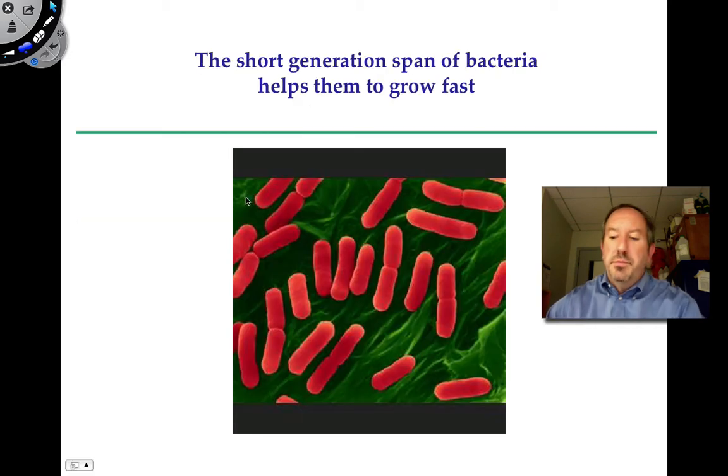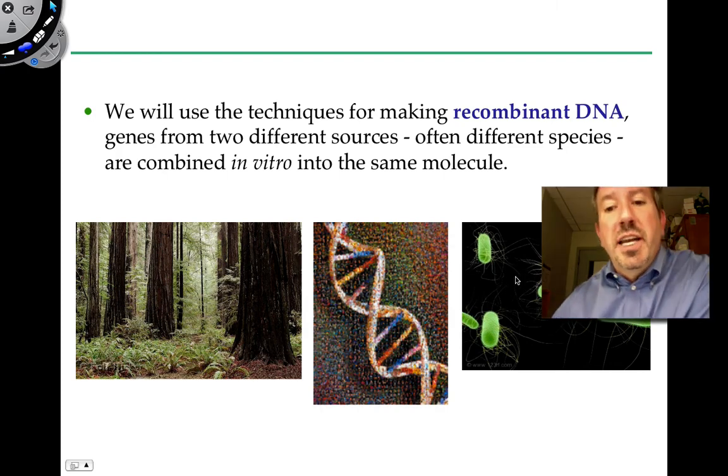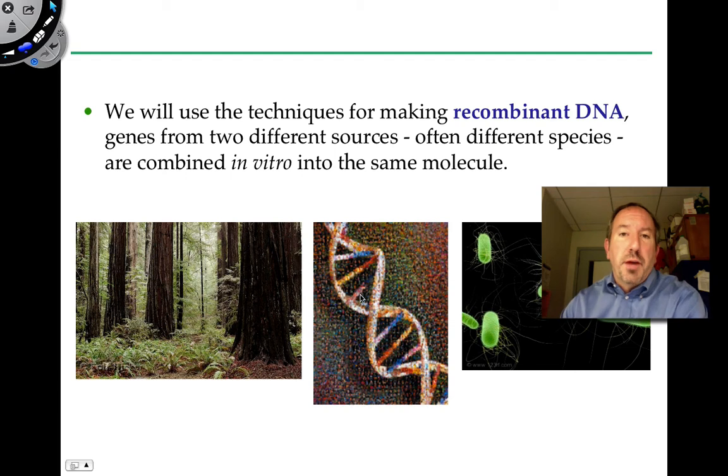And so what we're attempting to do is pull the DNA from the redwood, make many copies of it in a test tube using PCR, and then actually splice it into bacteria. So we're going to try to genetically engineer the redwood plant DNA into bacteria. And you're like, wow, what's the story with that?